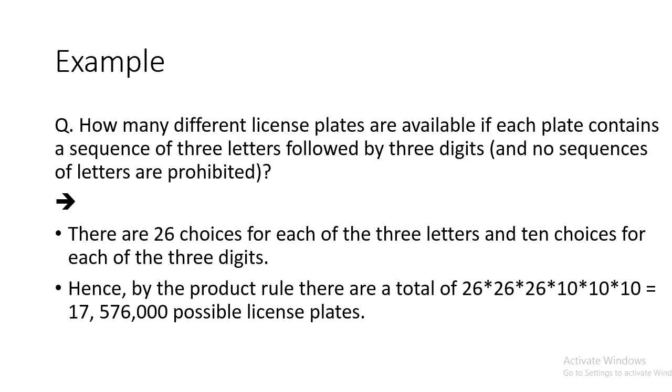There are 26 choices for each of the 3 letters and 10 choices for each of the 3 digits. Why 26 choices? Because the letters available from A to Z are 26. And 10 choices means 0 to 9, so there are 10 choices for each of the 3 digits.